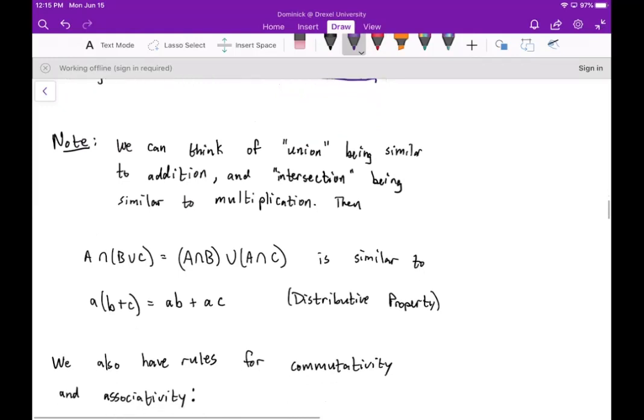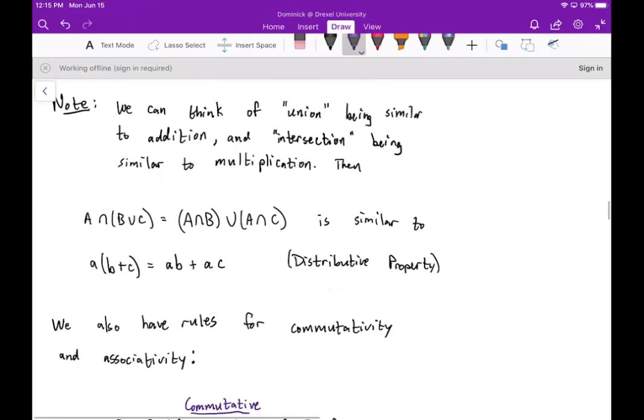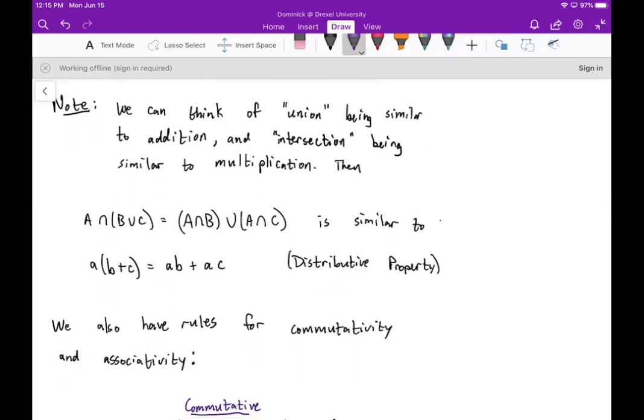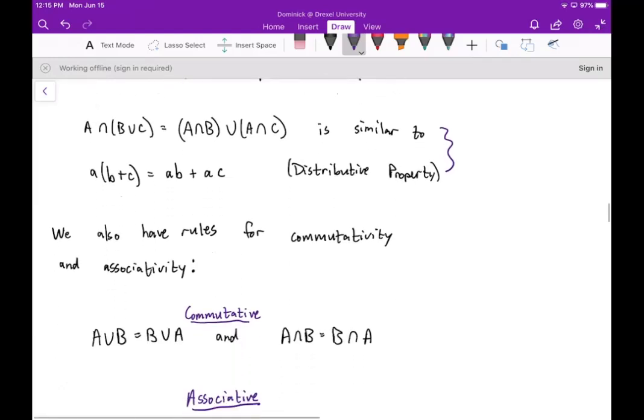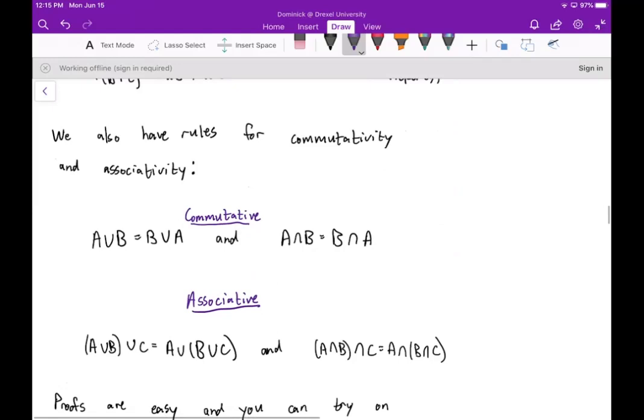And this is what I said at the beginning, that we can think of union being similar to addition and intersection being similar to multiplication. Then you see that you have this similarity to the distributive property. Now, we also have rules for the commutative property and associative property, which I think are easy to see.